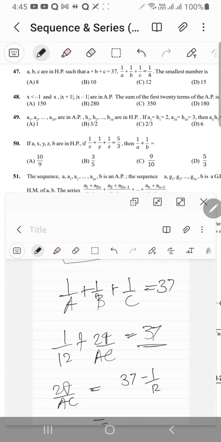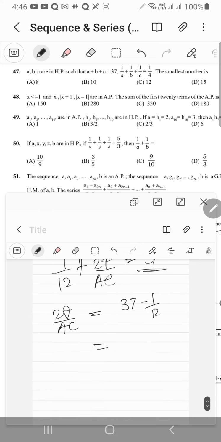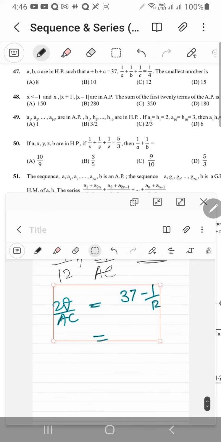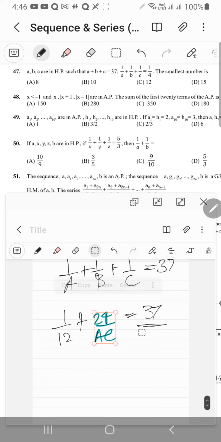ABC in harmonic progression, these are the reciprocals, there will be an arithmetic progression. So 1 upon A plus 1 upon B. Yes, that is very correct. And you also have that B is 1 upon 12. I get it. Oh, now I understand what went wrong. B is 1 upon 12. Look at that. When you multiply, you just get A plus C upon AC.